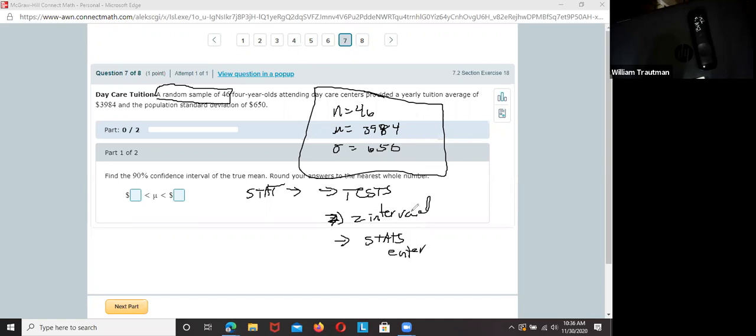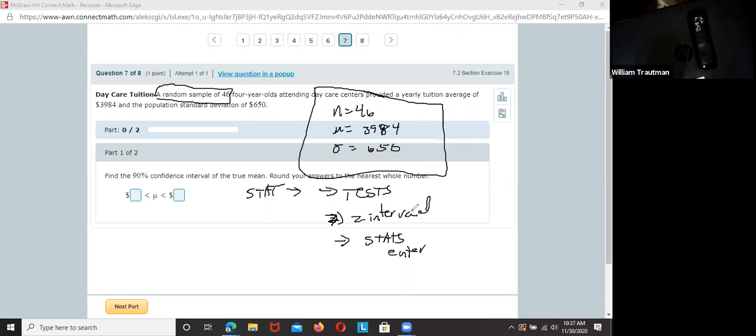And we have to type in our standard deviation, which is 650. Our average was 3984, and our N was 46.